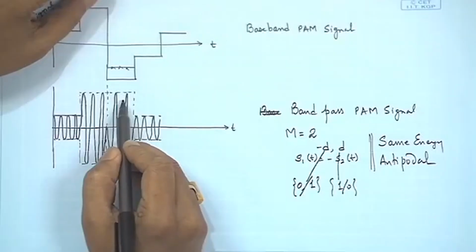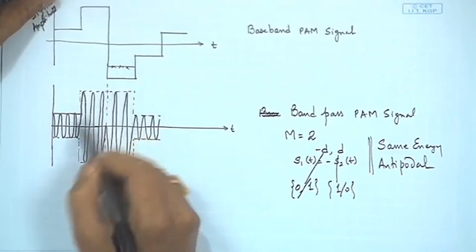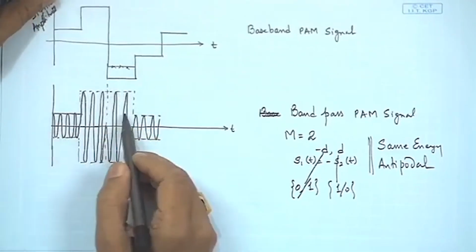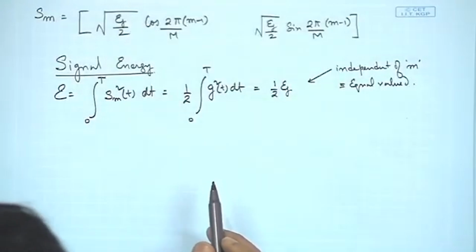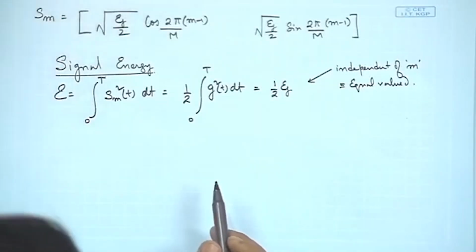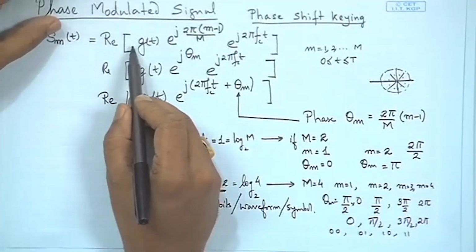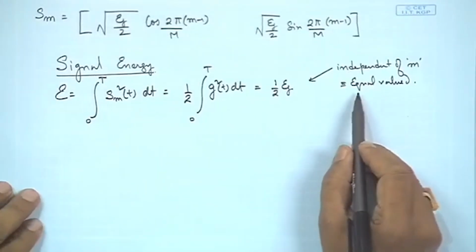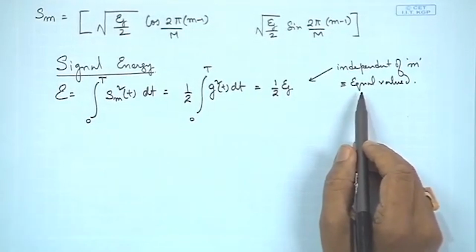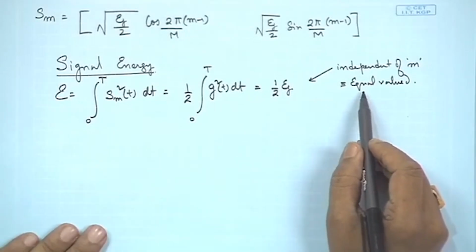Since you have different amplitudes, the energy in one waveform will be different from the energy in another, so there is an average energy consideration. But here all of them have the same amplitude, and this is also clear from the expressions that we have described. There is a constant amplitude, only the phase changes. So, these are all consistent. These are equal valued and quite distinct from pulse amplitude modulation.